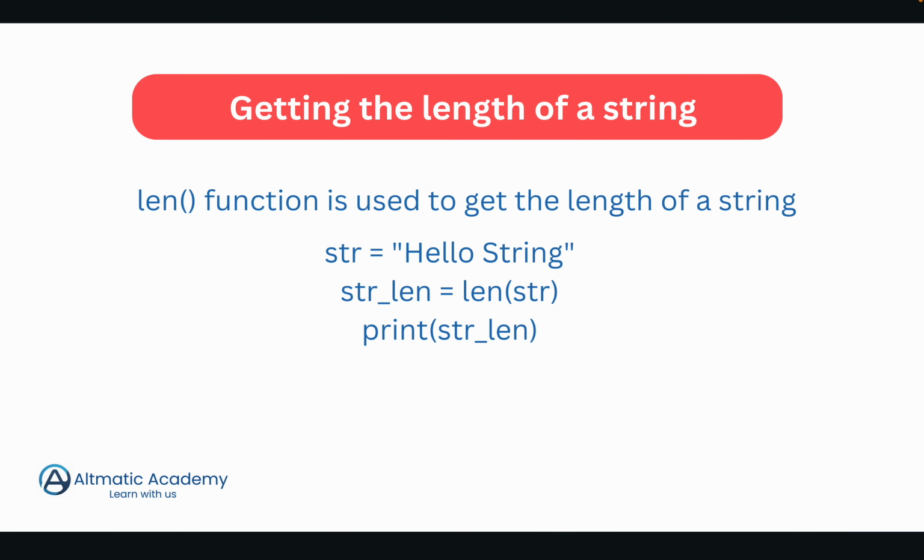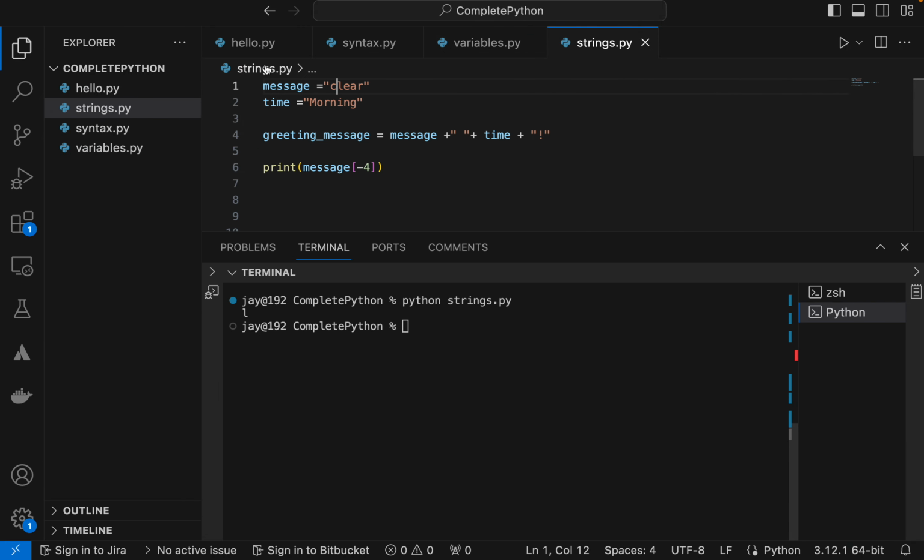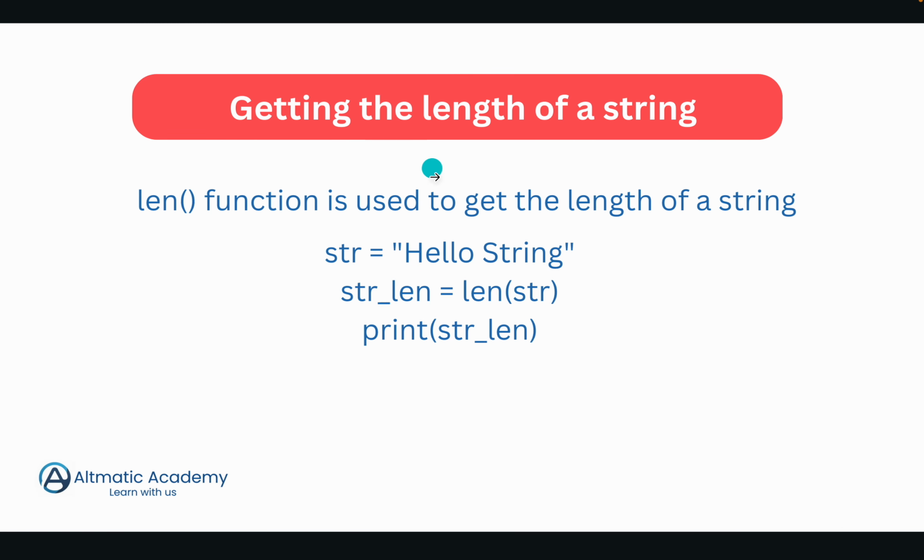Now suppose that you want to find the length of a string. I have a message, good morning, right? I want to find the length of this string. For that, there is a Python function which is len, L-E-N.